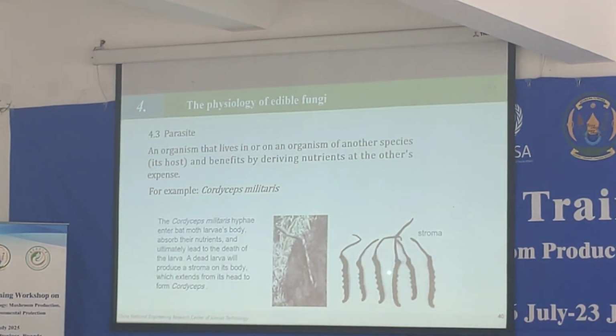They get nutrients from the insect. So the insect will die underground, and then the stroma becomes big, like this. We can find it in the Tibet area of China. The land is very high, 3,000 or 4,000 meters. Very expensive. Good for body health.